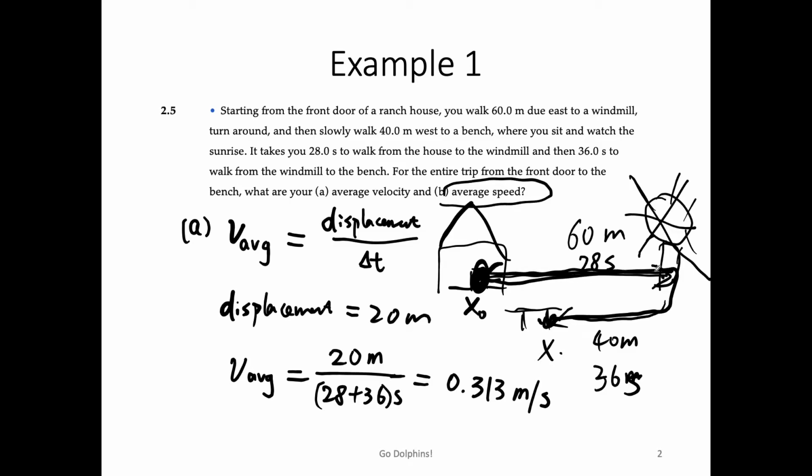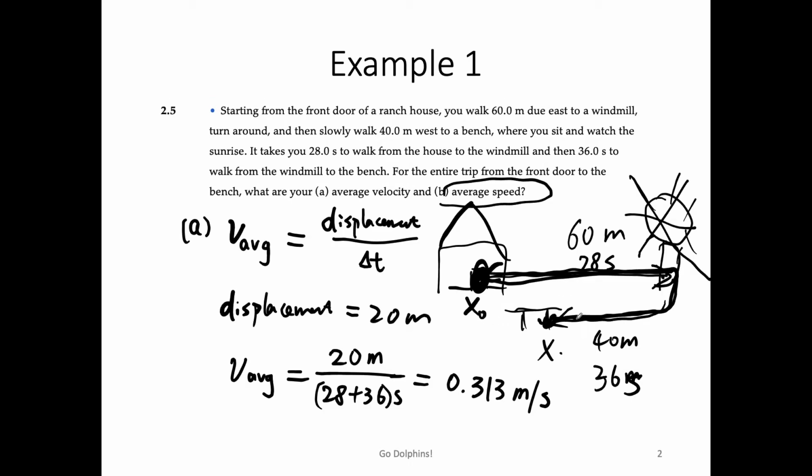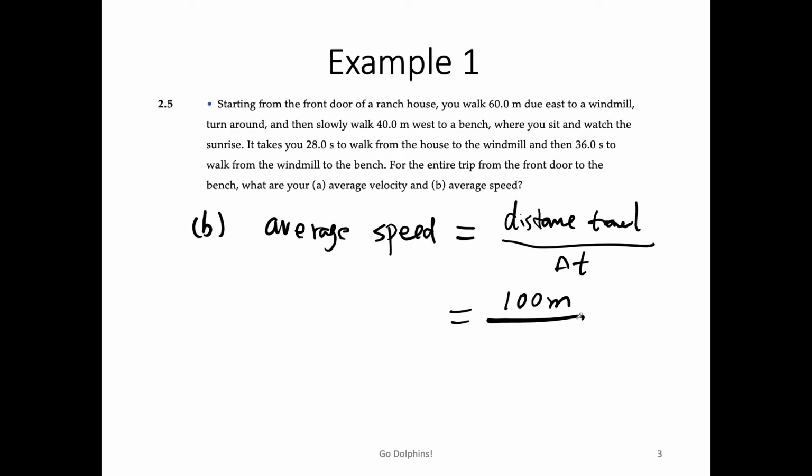First you travel 60 meters and then you travel 40 meters. So your distance actually is 100 meters. And the total time doesn't change: 28 plus 36 gives you 64 seconds.